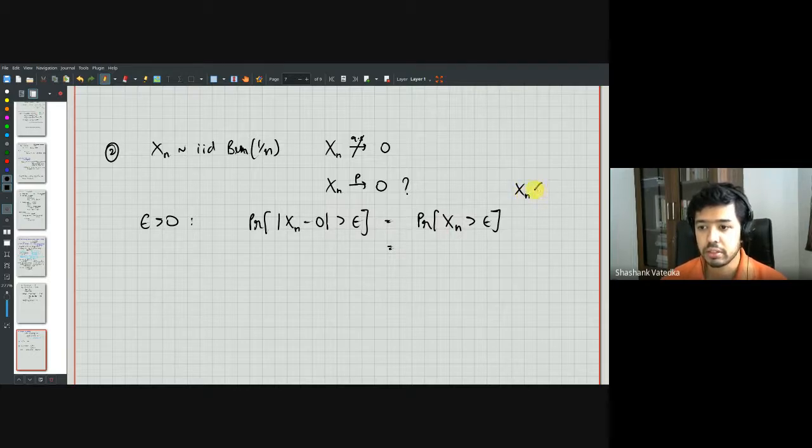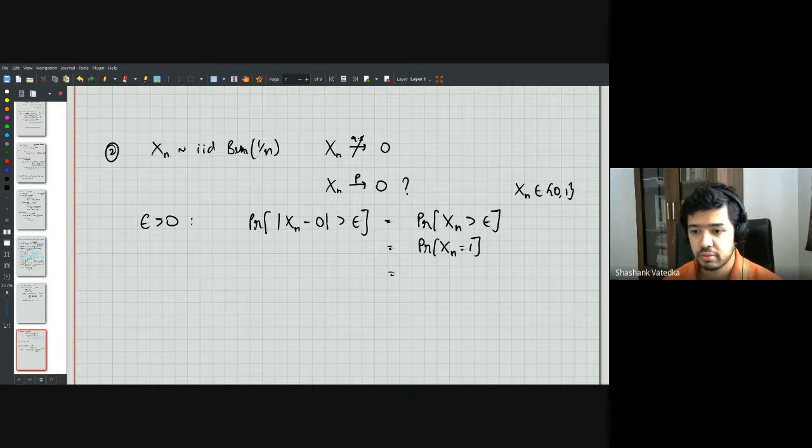So Xn can be greater than epsilon only if Xn is equal to 1. Right? So this is the probability that Xn is equal to 1. But what is this probability equal to? It's equal to 1 over n, right? Because Xn is IID Bernoulli 1 over n.